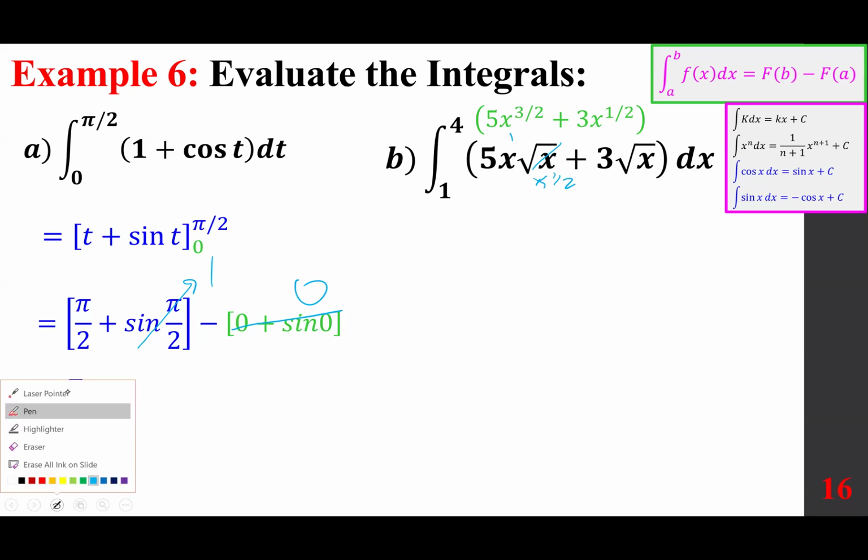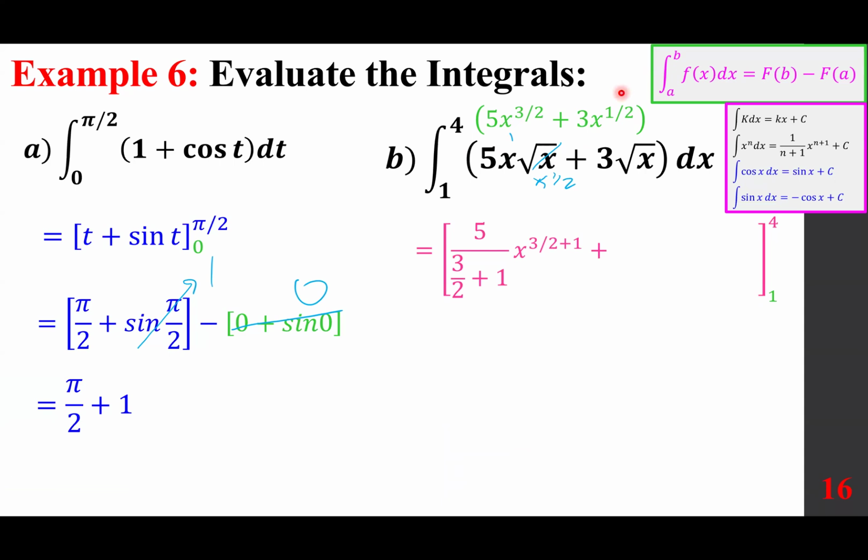Now, 5 divided by 3/2 plus 1, x to the power of 3/2 plus 1, plus 3 over 1/2 plus 1, x to the power of 1/2 plus 1. So first, 5 divided by 3/2 plus 1, x to the power of 3/2 plus 1. Second, 3 divided by 1/2 plus 1, x to the power of 1/2 plus 1. We don't need the constant.